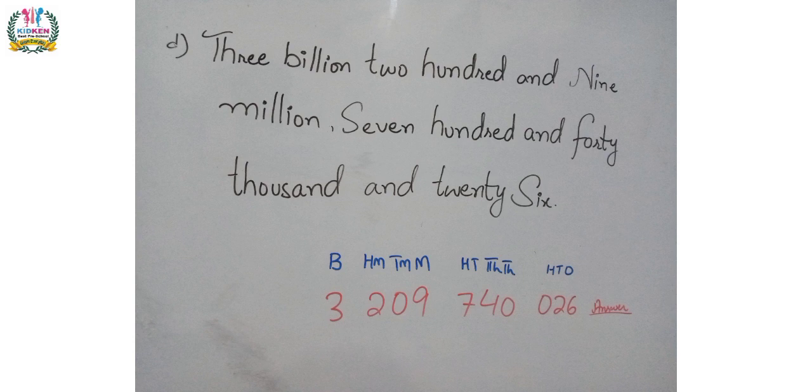Then 209 million, so we write 209 in the 100 million to million place values. Then we have 740,000, so we write 740 in the 100,000 to thousands place values. Then we have 26, so we don't have a hundreds place value, so we write 0 in the hundreds place. Then we write 26 in the tens and ones values.